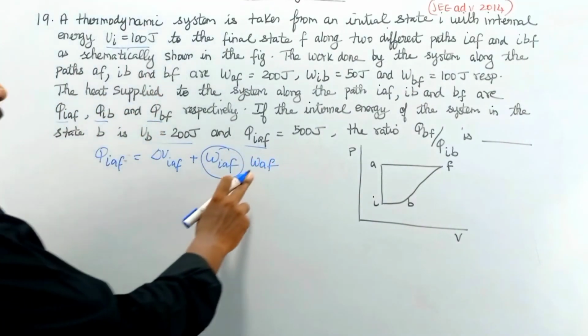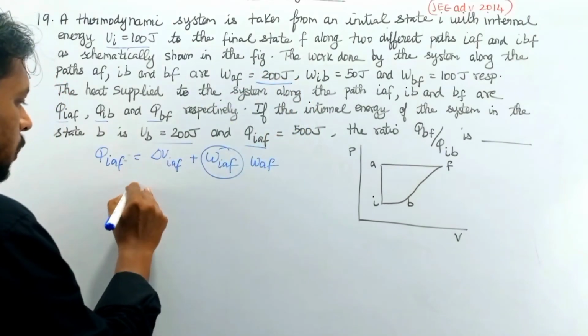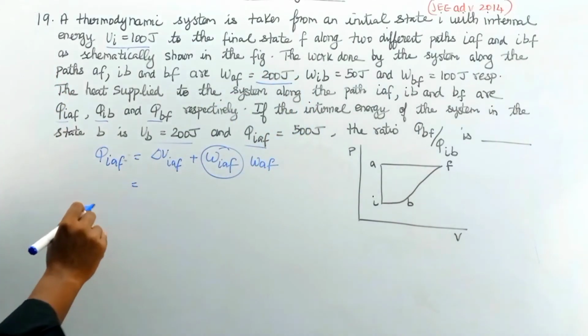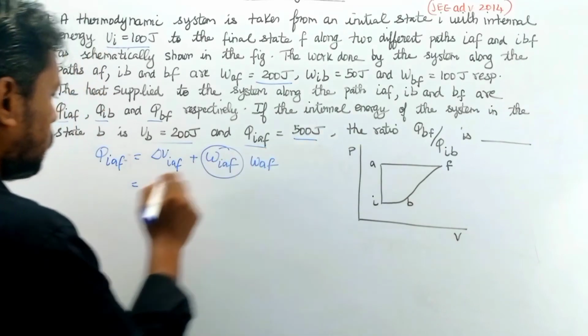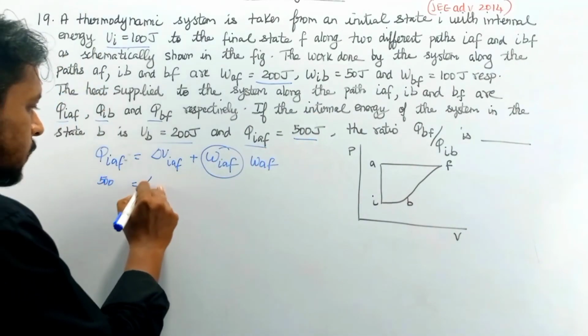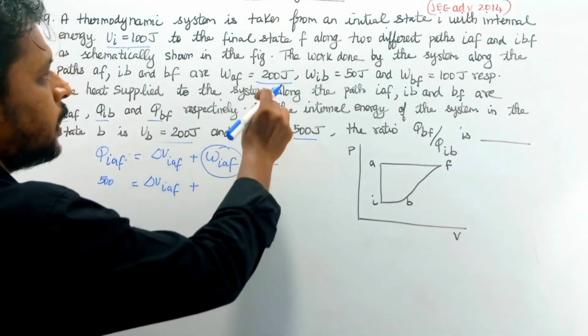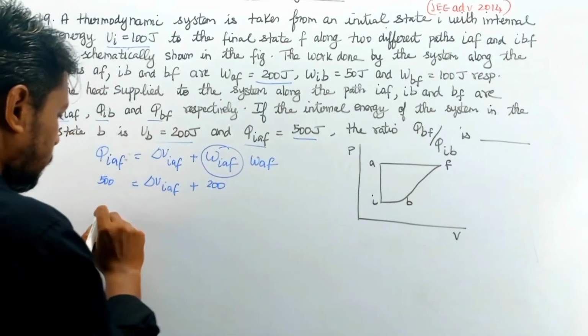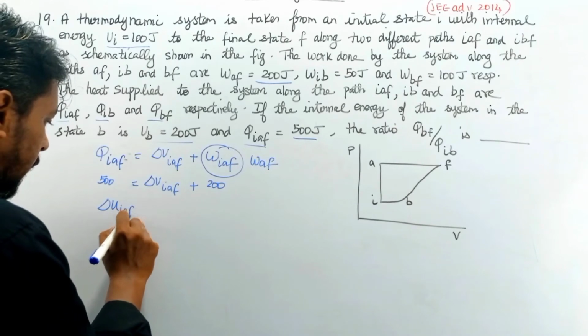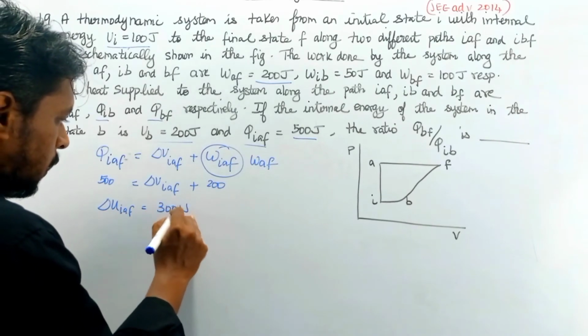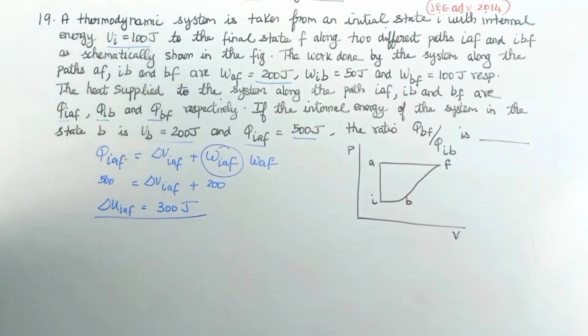What is the value of WAF? They have given 200 joules. QIAF is given as 500 joules. So 500 is equal to delta U IAF plus 200. From this, delta U IAF is equal to 300 joules.